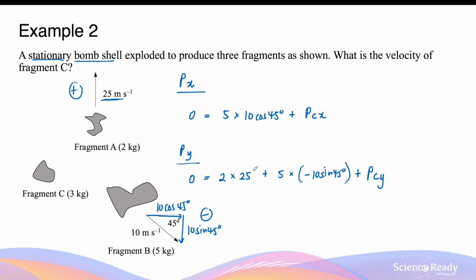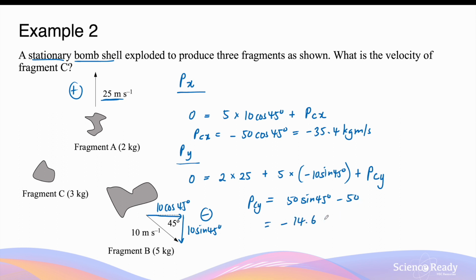For each of these equations, I can rearrange them to find the exact value of the x and y momentum of fragment C. So PCX will be equal to minus 50 cosine 45 degrees, which is minus 35.4 kilograms meters per second. And for PCY, this is equal to 50 sine 45 degrees minus 50, and that gives a value of minus 14.6 kilograms meters per second.